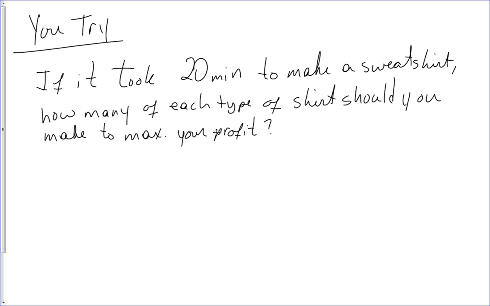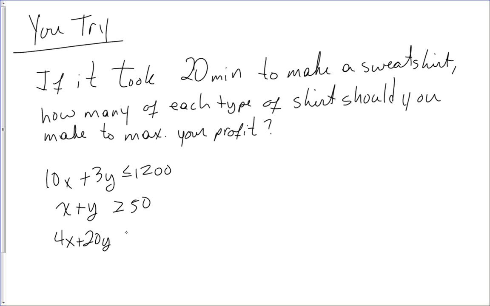All right, so as we had before, our equations were 10x plus 30y less than or equal to 120. I'm just recopying everything. x plus y greater than or equal to 50. 4x plus 20y less than or equal to 600. And then, of course, x is greater than or equal to 0, and y is greater than or equal to 0.